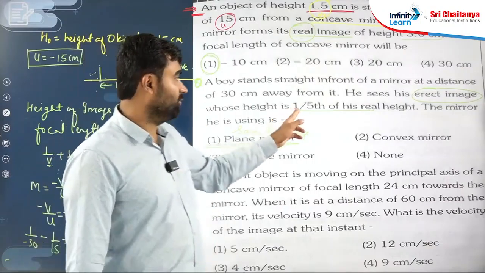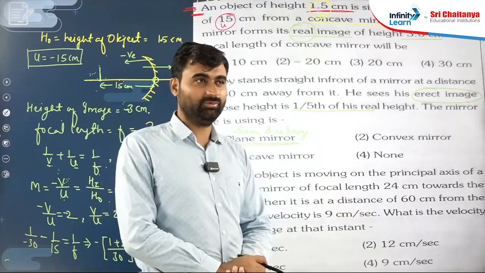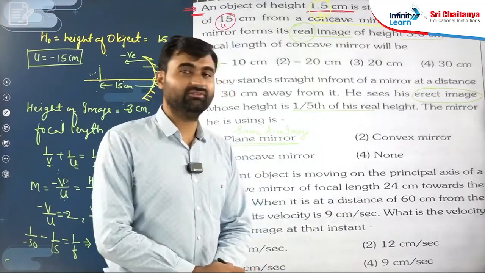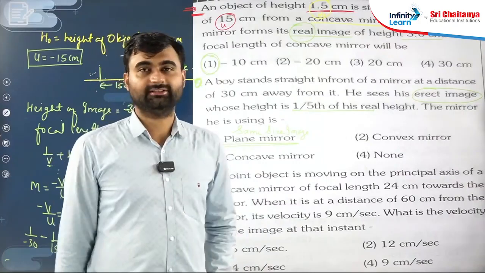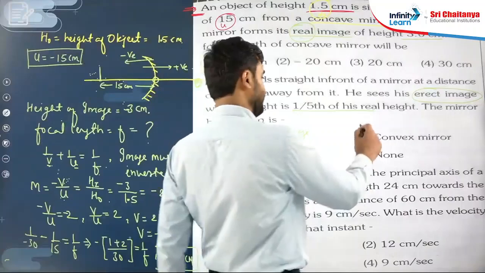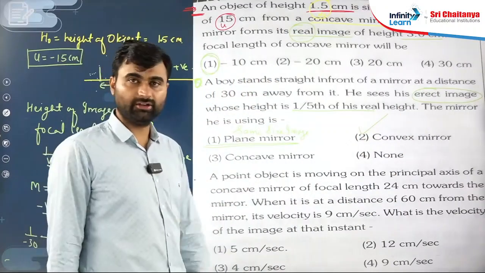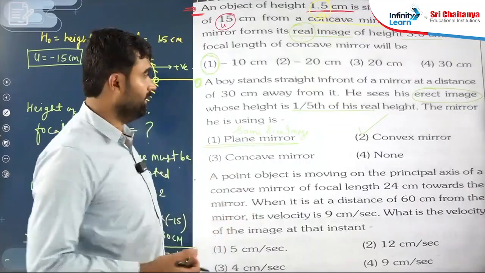That the height of the image is less than the object. So it is possible by which mirror, concave or convex? Convex mirror is the answer. Okay, how? Without solving anything, how to find it out?